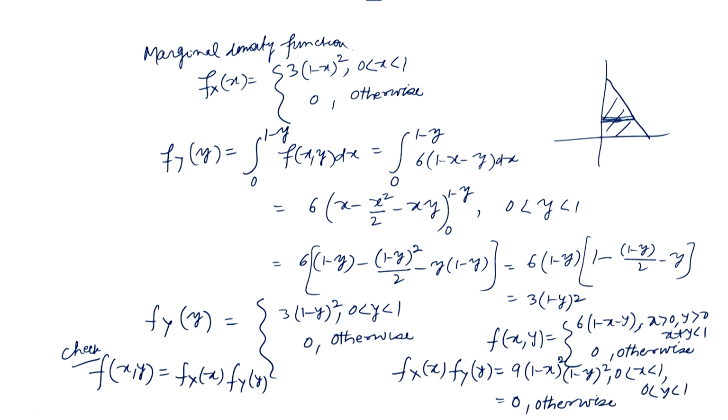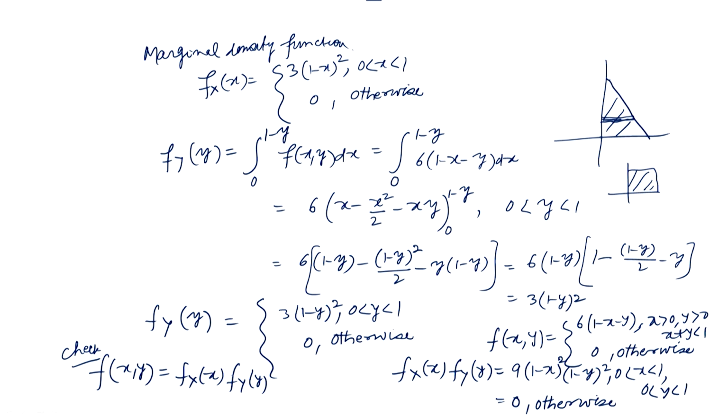So, in the common portion, when 0 is less than x less than 1 and 0 less than y less than 1, we are in this square, and this region is a part of this. So, over the region where x is greater than 0, y is greater than 0, x plus y is less than 1, f(x,y) is 6 times (1 minus x minus y), while f_X(x) into f_Y(y) is 9 times (1 minus x) whole square into (1 minus y) whole square. So, they are not equal.